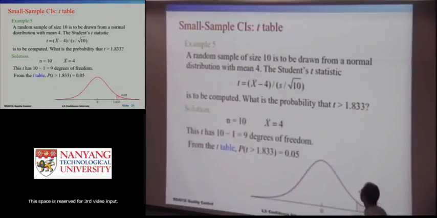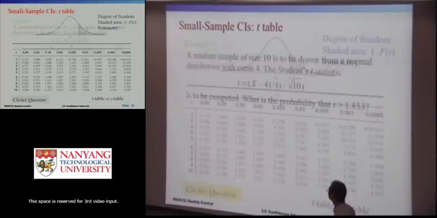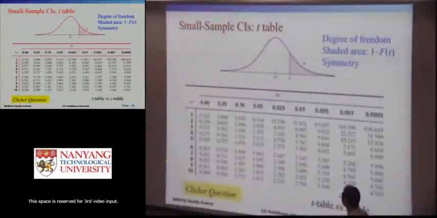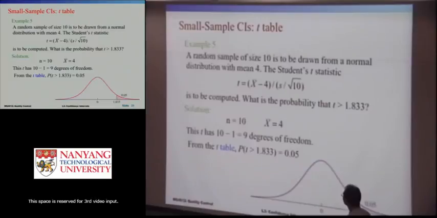The sample size is 10, so the degree of freedom is 9. From the t table, we look at 9. When it equals 1.833, it's here, right? So this area is 0.05. So the probability that t is larger than 1.833 equals 0.05.